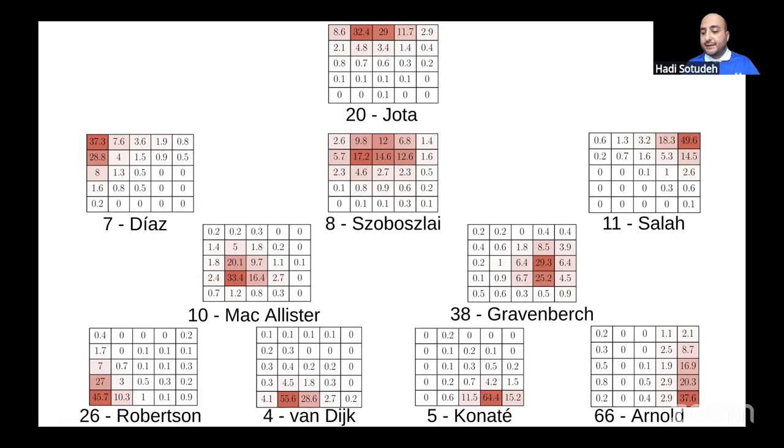And number 66, Trent Alexander-Arnold, he was, as you can see, a different profile than number 26. So he was, in this case, the offensive fullback compared to Robertson. So same as Manchester United, one of the fullbacks is playing more offensive, going up and down the channels, and the other one is more defensive.